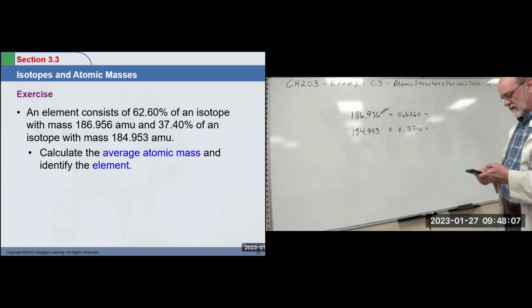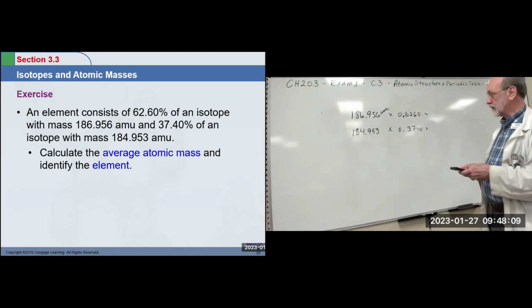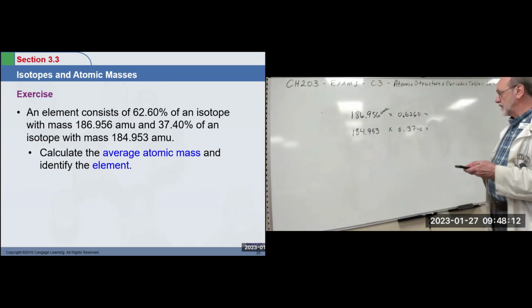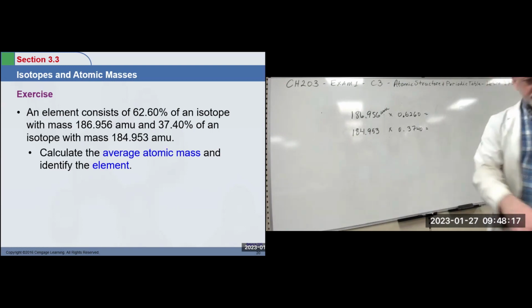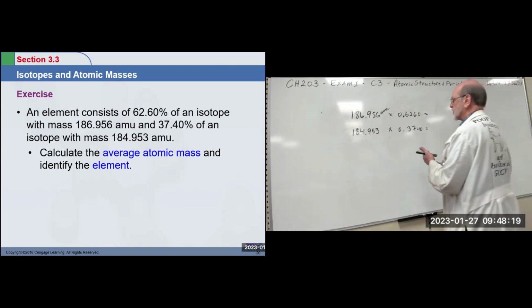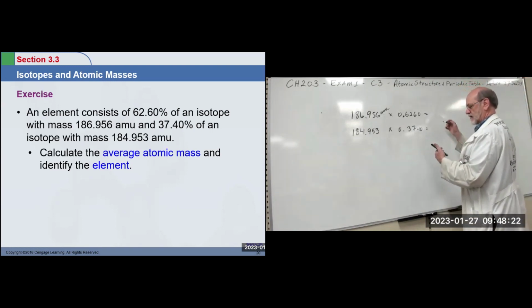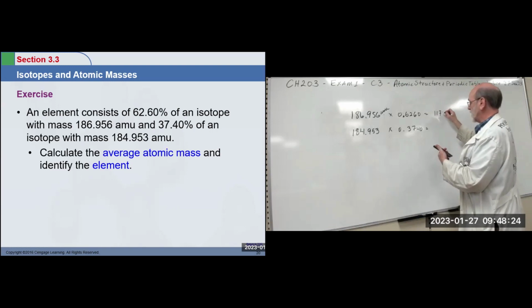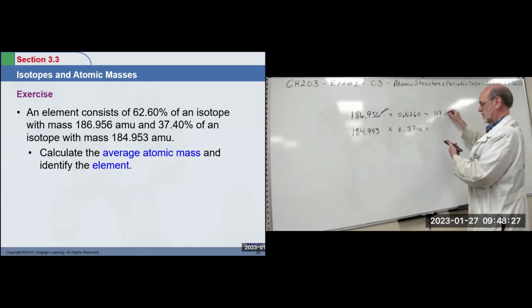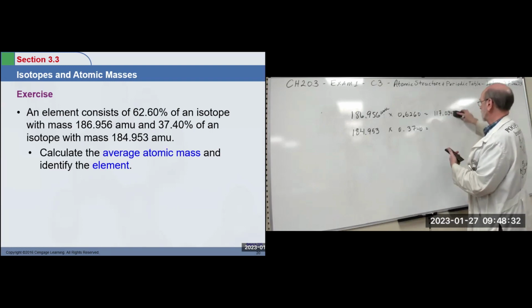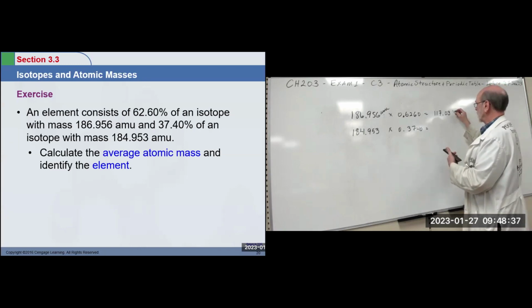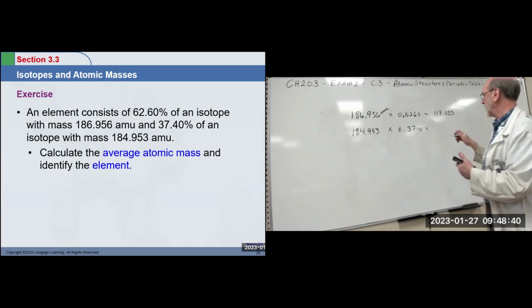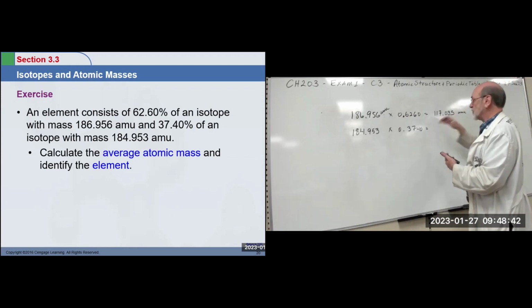So get out your calculator. 186.956, and then its relative abundance, 0.626. So this says its contribution to the weighted average is 117.034 atomic mass units contributed to the total.